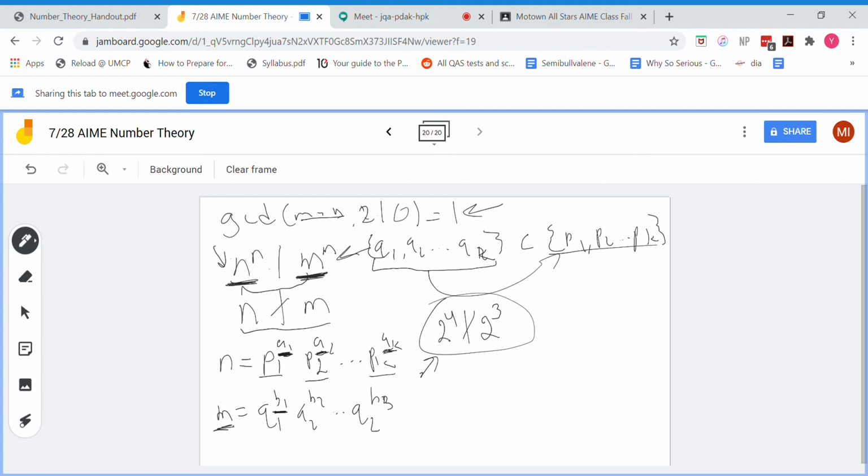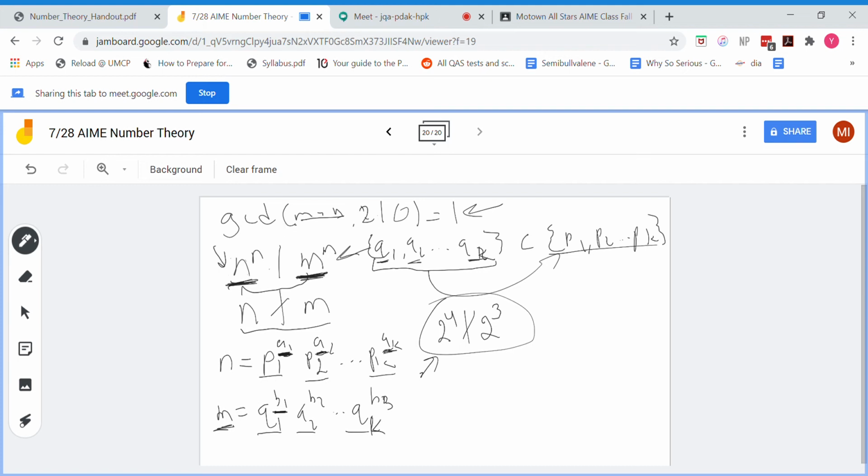Okay, one more thing to consider. We haven't considered this first case yet. So where might this come into play? Well, both m and n are divisible by q1, q2, all the way to qk, right? So that means their sum, m plus n, is also divisible by all of these prime factors, q1 all the way through qk. Correct?